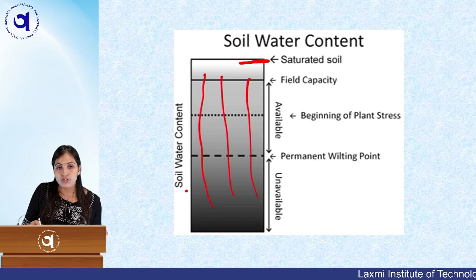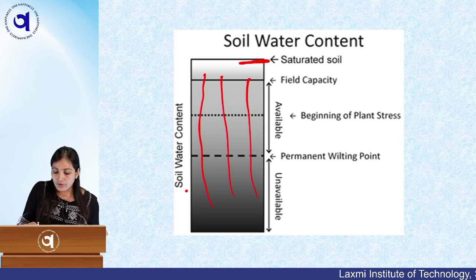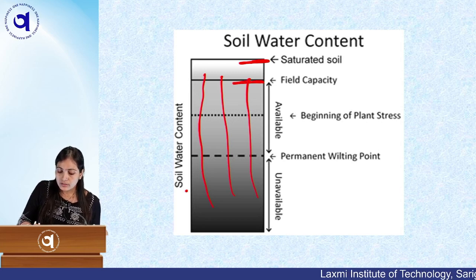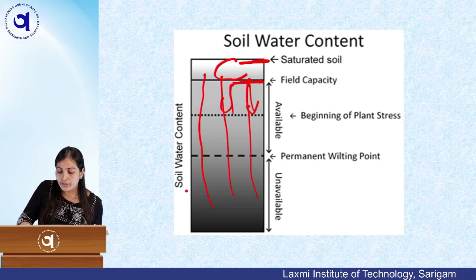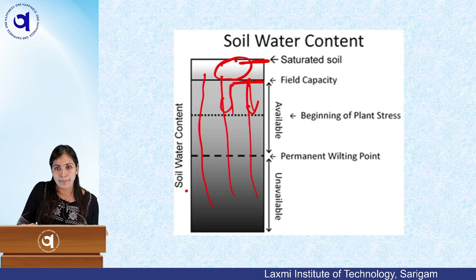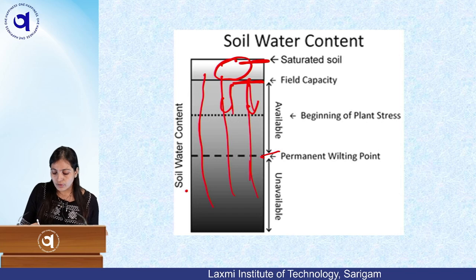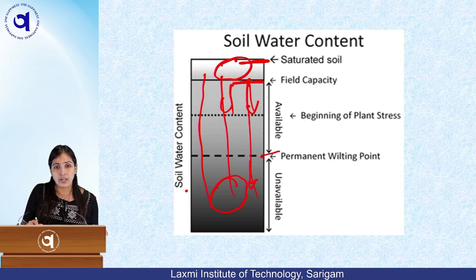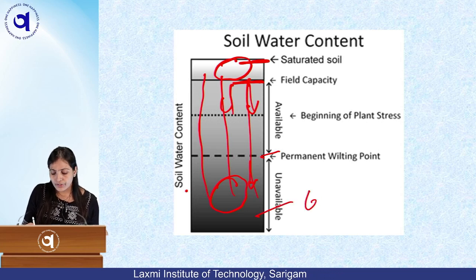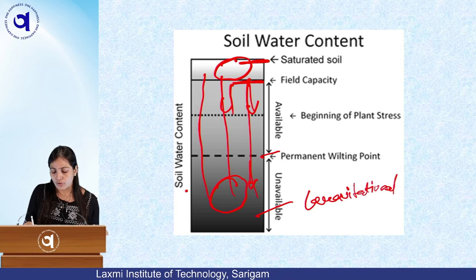Field capacity means the extra water has drained, and the amount of water retained by this portion is the field capacity. Then this is available water, and the extra water is unavailable water. Water is present over here, but it is not utilized by the plant, and it is nothing but gravitational water.